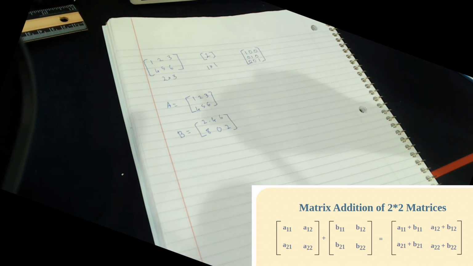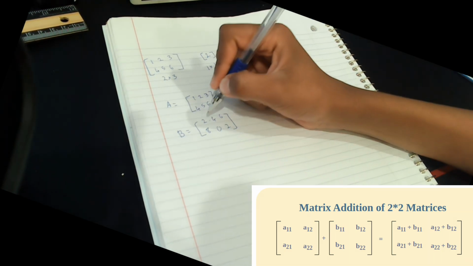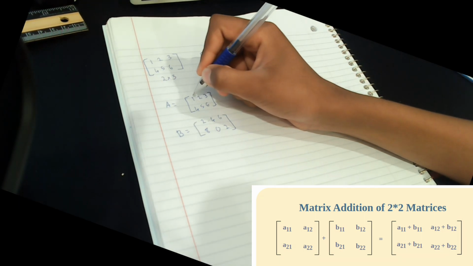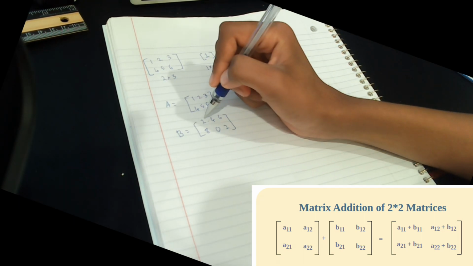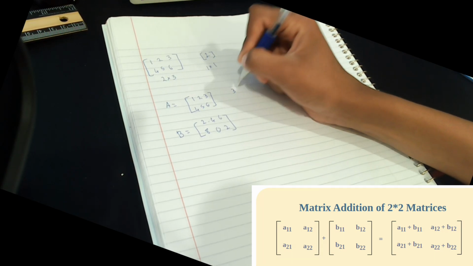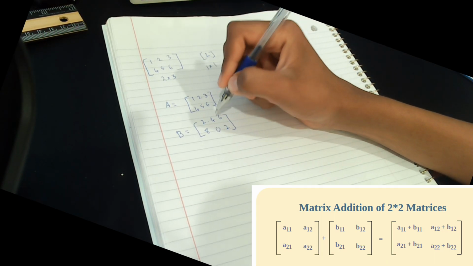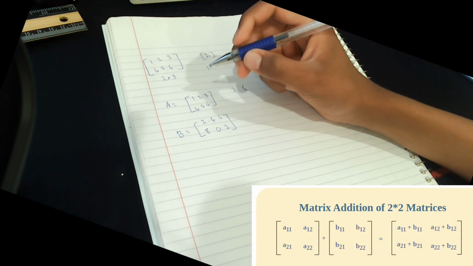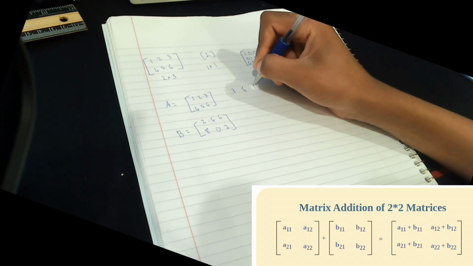So adding and subtracting matrices is quite easy. To do it, all we have to do is add the digits in the same position. So for example, to add 1 plus 2, it's going to be 3. So this is our first one. 2 and 4. So this is going to be our second one, which is 6. And then 6 and 3, 9.